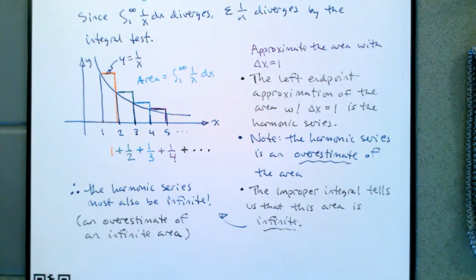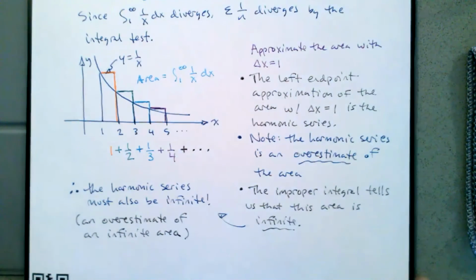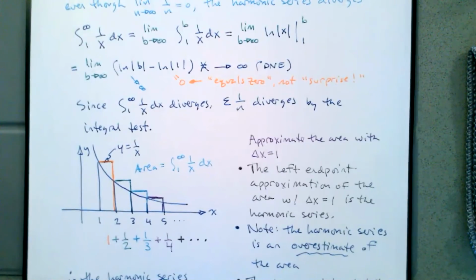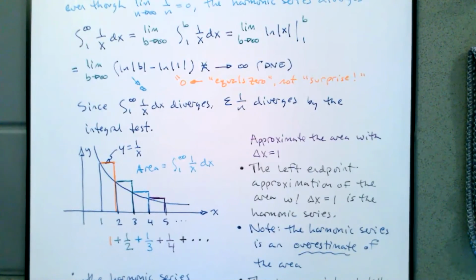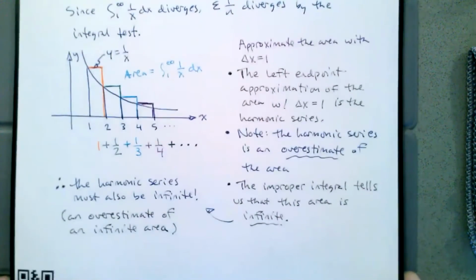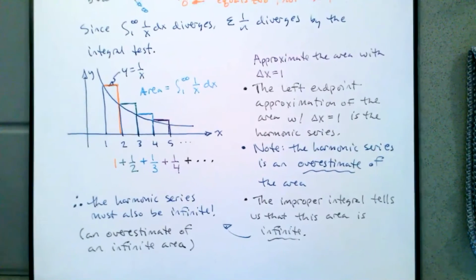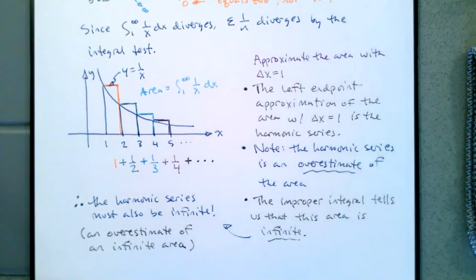That's the reason that I picked the left endpoint, because I wanted an overestimate. I wanted to show that the harmonic series is an overestimate of something that we can calculate to be infinite. It does no good to say that the right endpoint approximation would be an underestimate of this area, because that just concludes the harmonic series is less than infinity, and that doesn't mean anything.